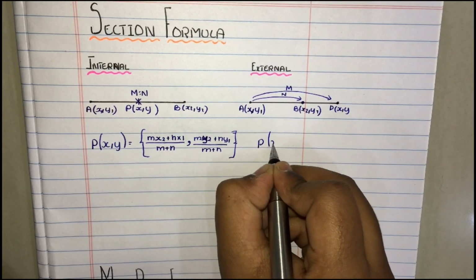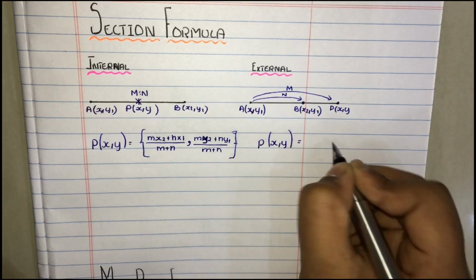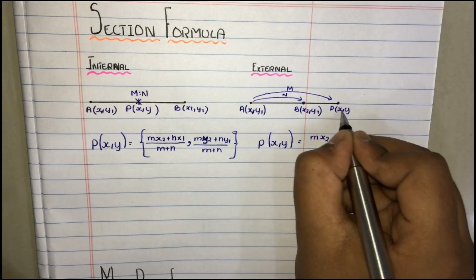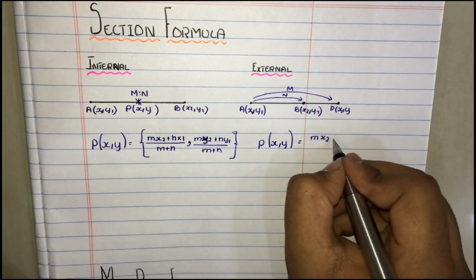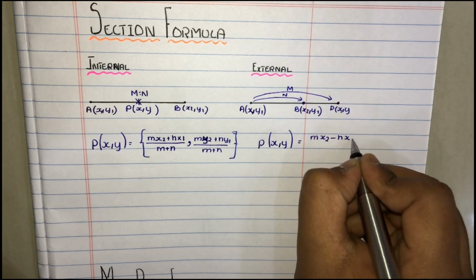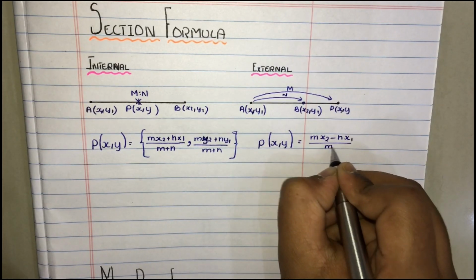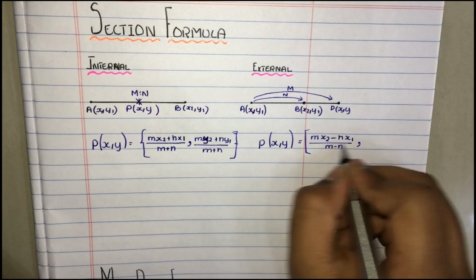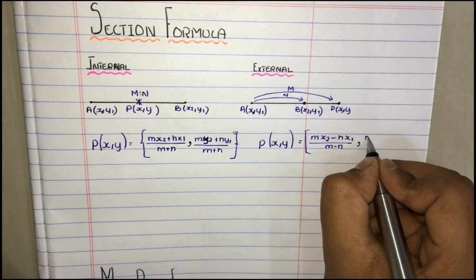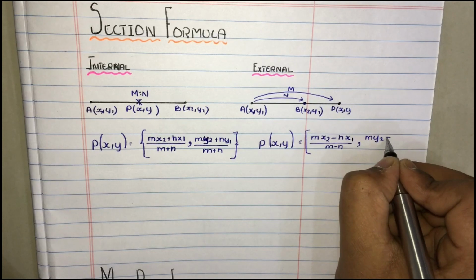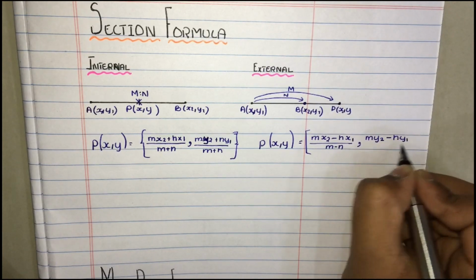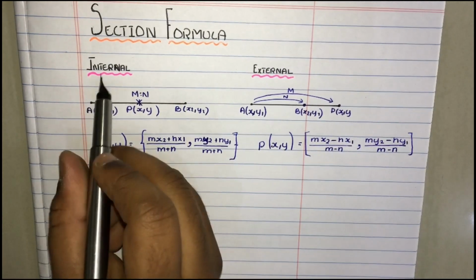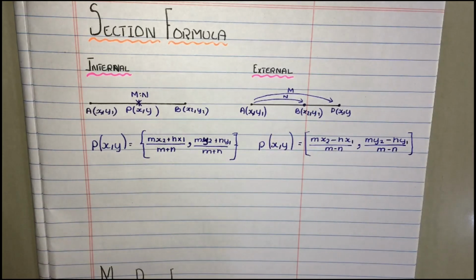P of x comma y, that is the coordinates of this point, is equal to m into x2 minus n into x1 divided by m minus n. So this is for x coordinate, and for y coordinate it is m into y2 minus n into y1 by m minus n. So this is the section formula for internal and external points.